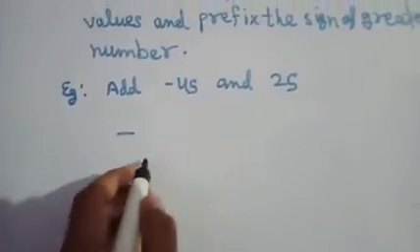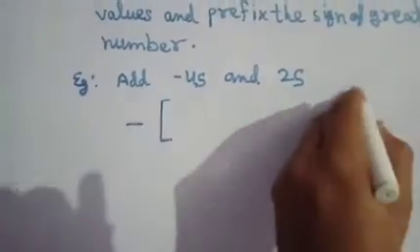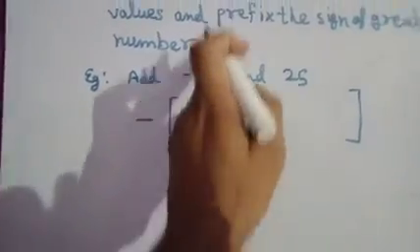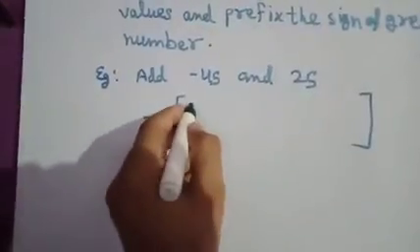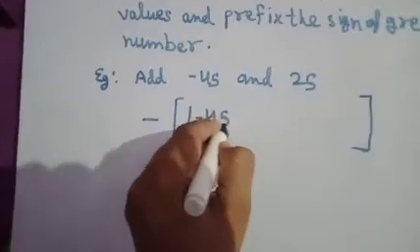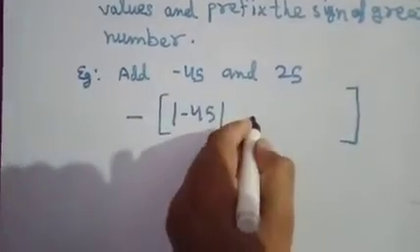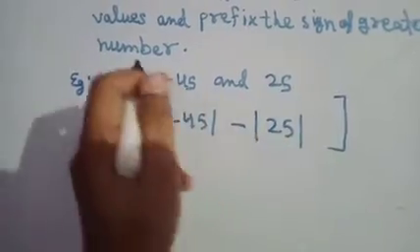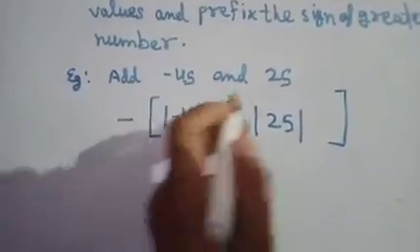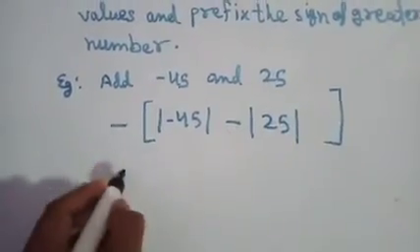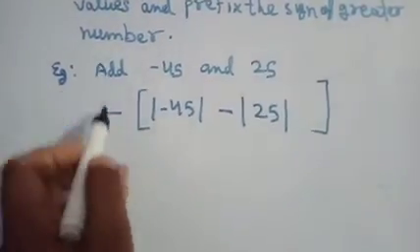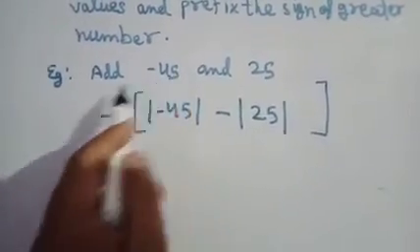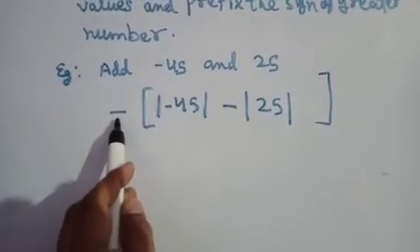Then a negative sign will come in front of a square bracket, and the difference of their absolute value. In place of addition, we find the difference. Absolute value of minus 45 and absolute value of 25. And put the sign of the greater number. The greater number is 45. That's why there is a negative sign.